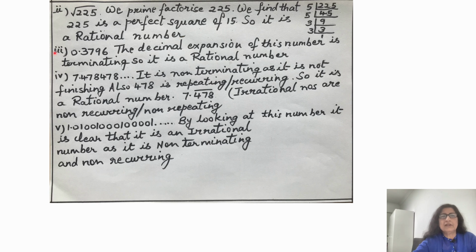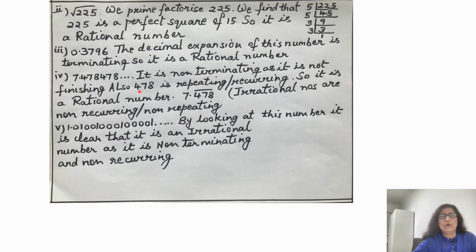We move on to the third part, 0.3796. The decimal expansion of this number is terminating. So it is a rational number. We move on to the fourth part, 7.478478. It is non-terminating as it is not finishing.